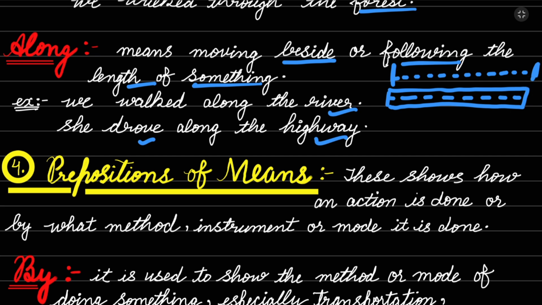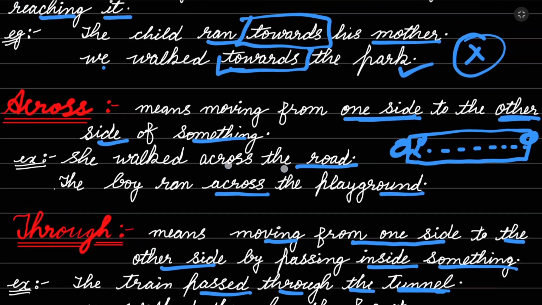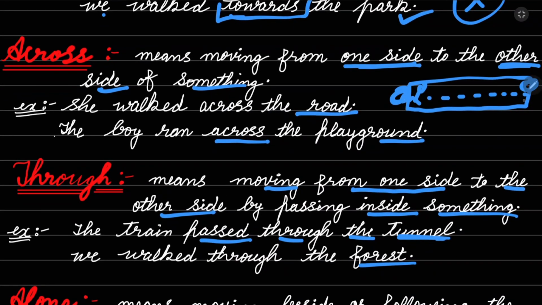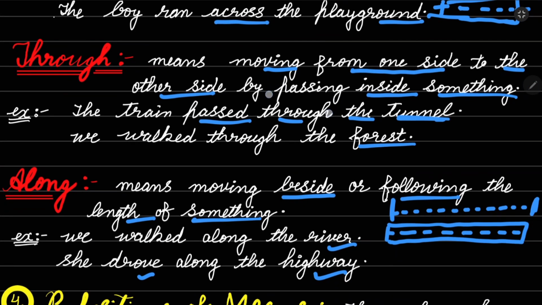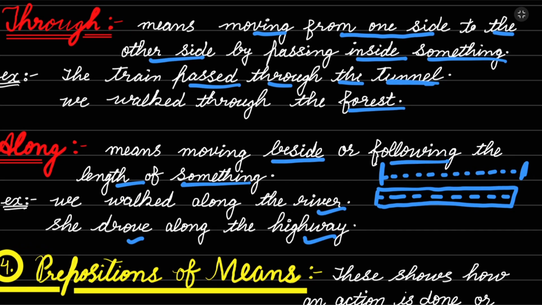Along is used for parallel, and across means on a flat surface, from one side to the other, at any road or any park, any path, one side to the other side, on a flat surface. And through is used when we walk inside a 3D space. When we walk inside a 3D space, for example, tunnel, forest. Okay.